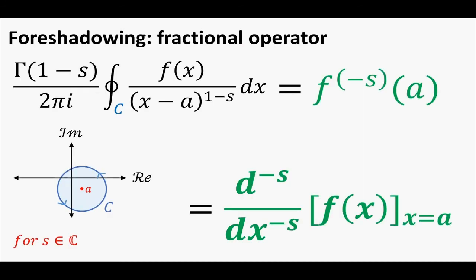What that means is that we're going to take this generalized Cauchy integral formula, and instead of using natural numbers, we're going to allow the domain of discourse to be any complex number.